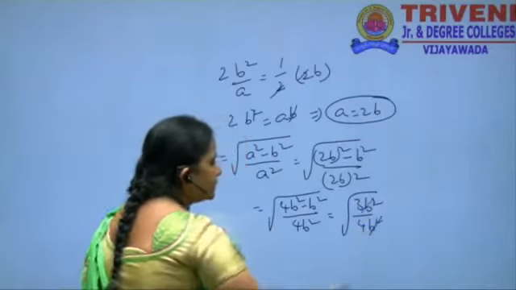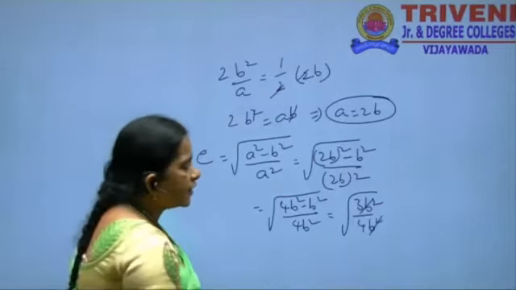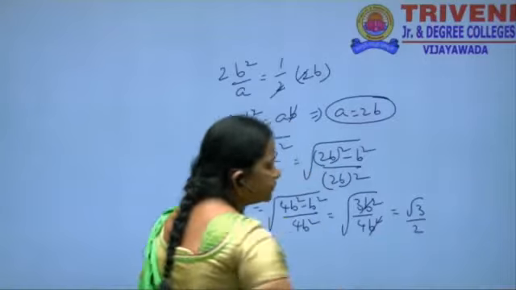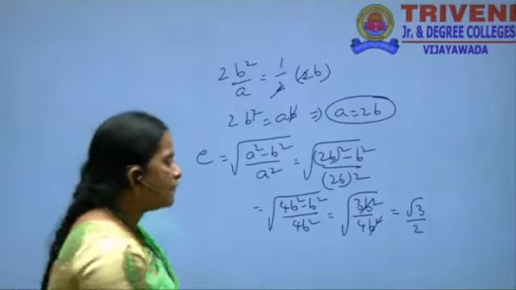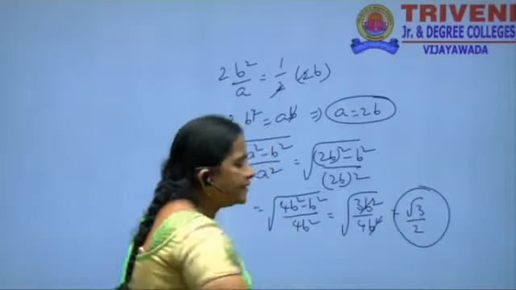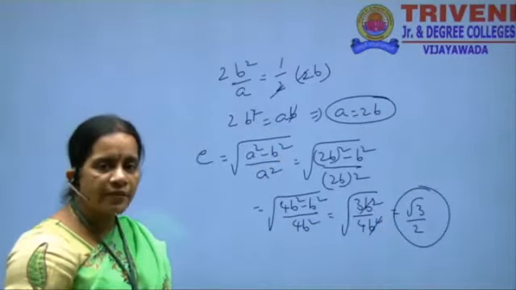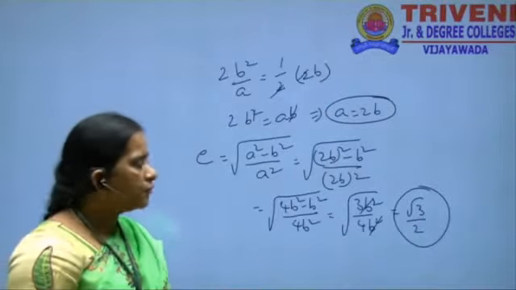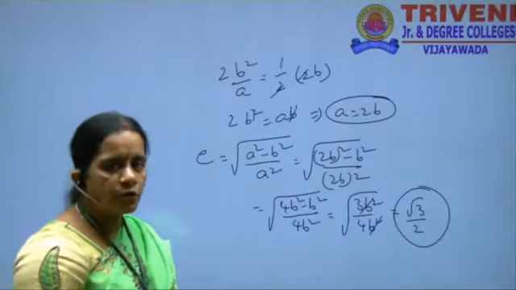Here b square gets cancelled. Square root of 3 by 4 is root 3 by 2. This is the value of eccentricity when the length of the latus rectum is half of the minor axis. For half of the major axis it is 1 by root 2, and for half of the minor axis it is root 3 by 2.